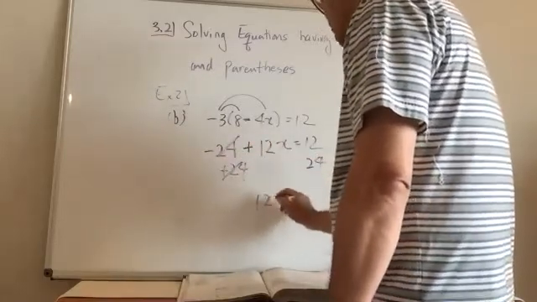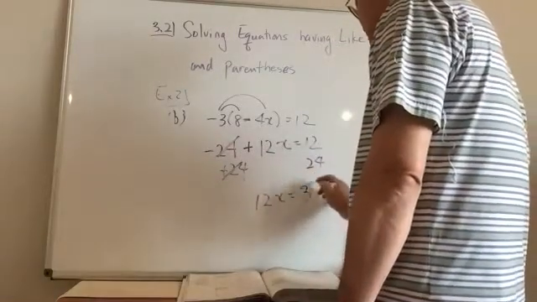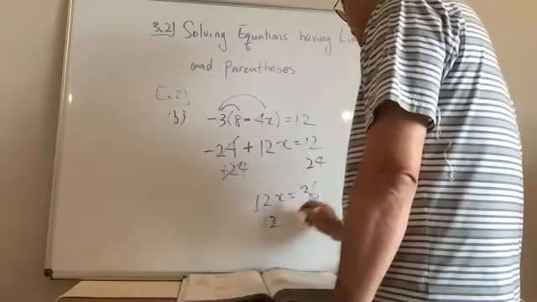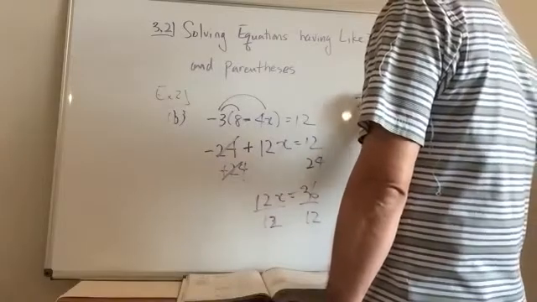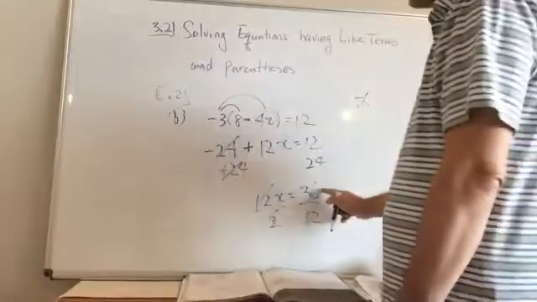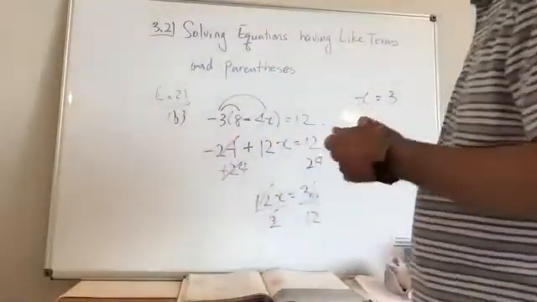So I have 12x is equal to 12 plus 24, which is 36. You divide both sides by 12. And x is going to be equal to, because the 12 now cancels out, 36 divided by 12 is equal to 3. So 3 is my answer, okay?